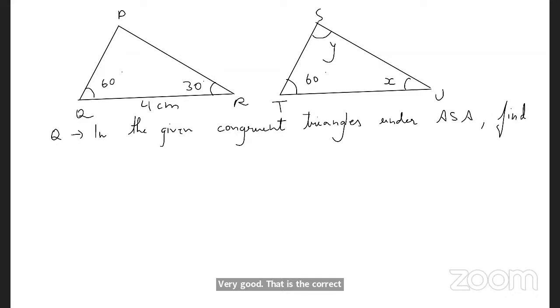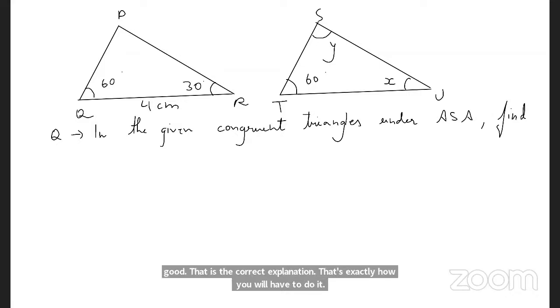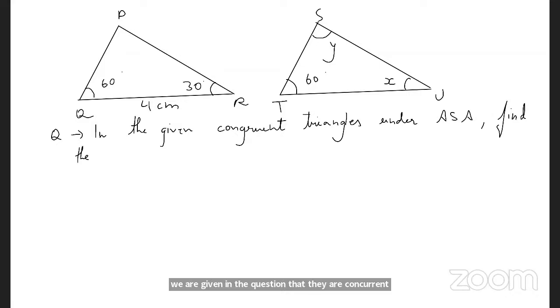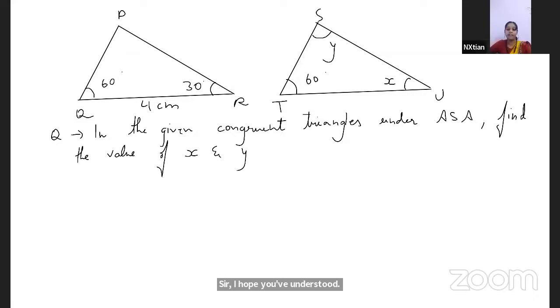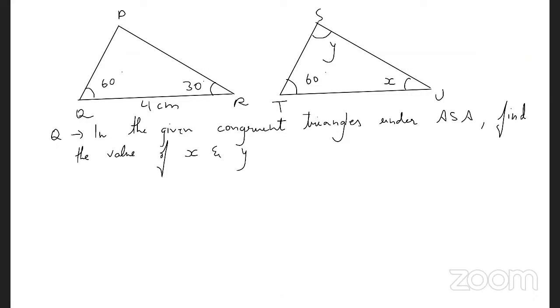We are given in the question that they are congruent under ASA. Find the value of x and y. Sarah, hope you've understood. So you can try this out.